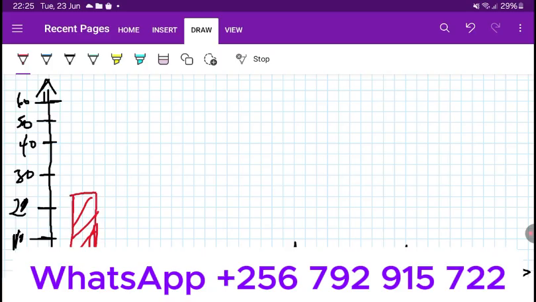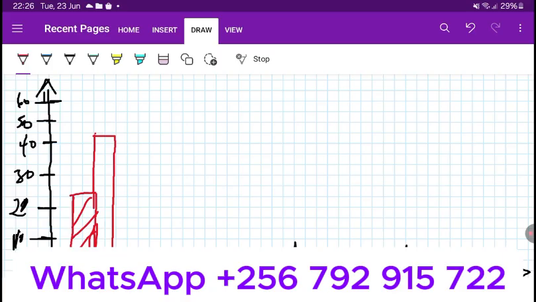Then the next one is 42. 42 is around here. Maybe that one I'm not going to shade. That is 42. Then the second last is 10.